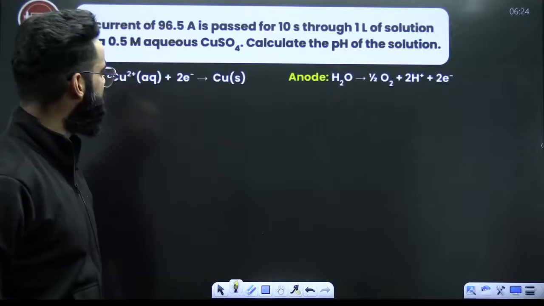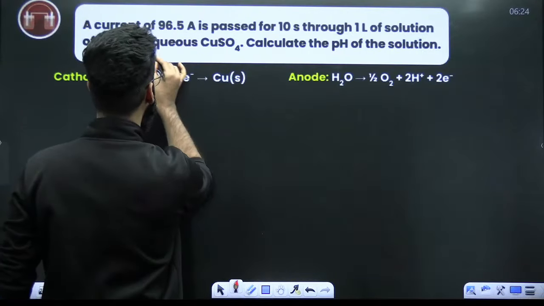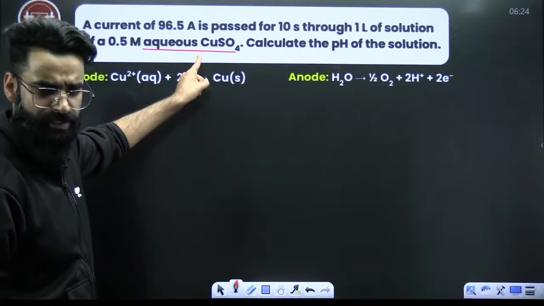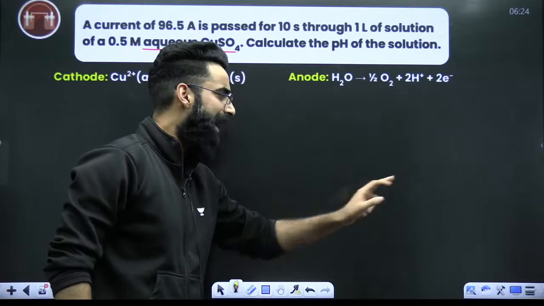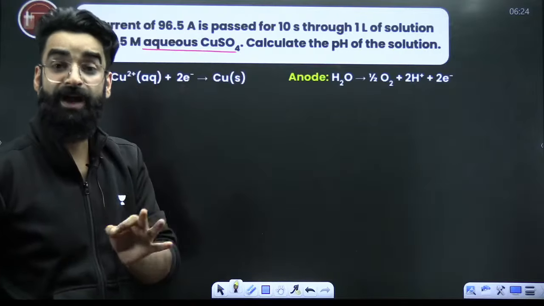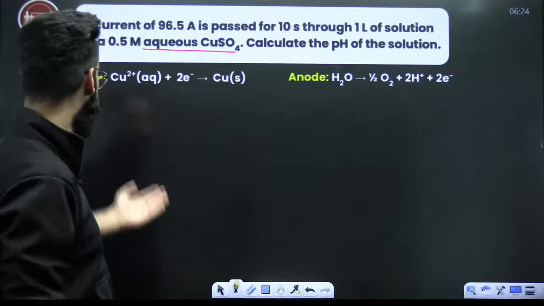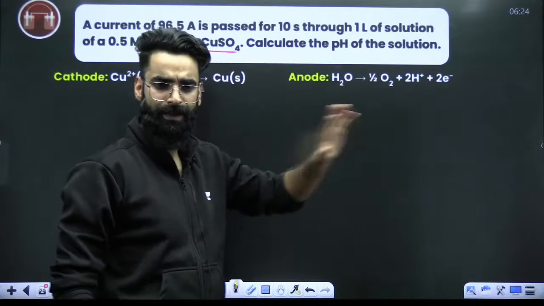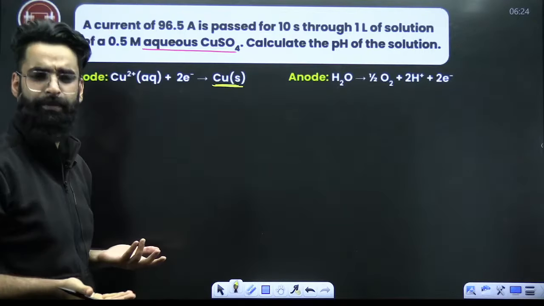As far as this question is concerned, we are again doing the electrolysis of aqueous CuSO4, and we already know the reactions which happen at anode and cathode. This is the reaction at cathode, and this is the reaction at anode. At cathode, copper is just being deposited.